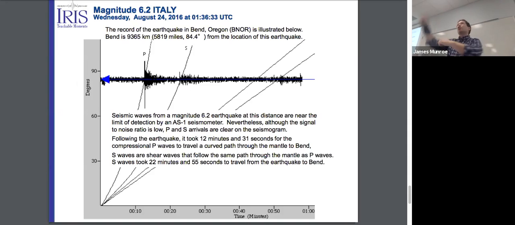Degrees in the sense of travel around the arc of the Earth, about 9,300 kilometers. That's where this earthquake must have occurred.